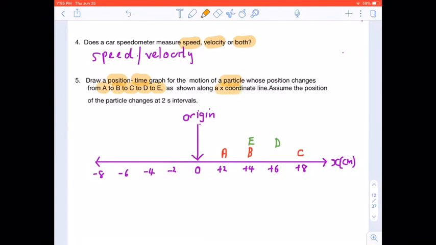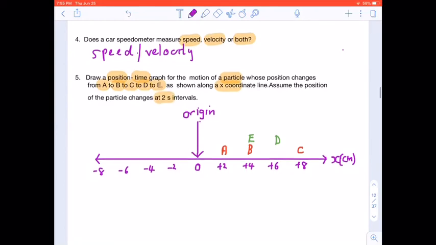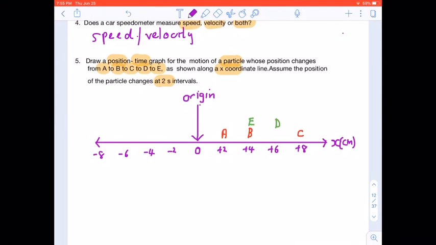And assume that the position of the particle changes at 2-second intervals. So here we have the particle moving from A to B. That's the sequence. B to C, from C to D, and from D to E.